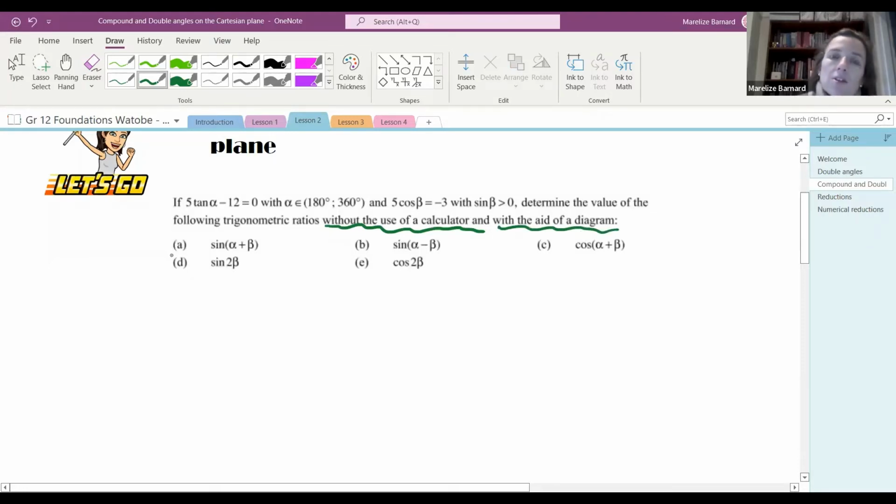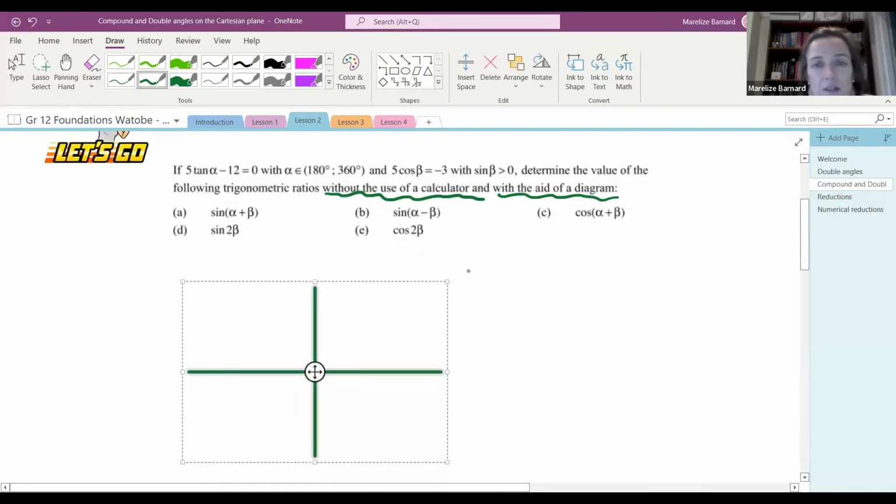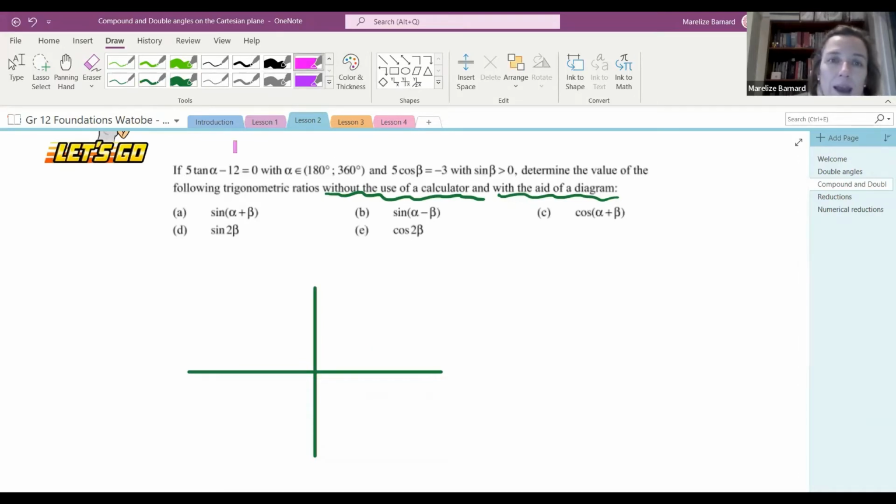Okay, so let's do this step by step. How do we draw these diagrams? You should know them if you were here for our big trig course at the beginning of the term. But let's have a look. We have been given 2 angles, alpha and beta.